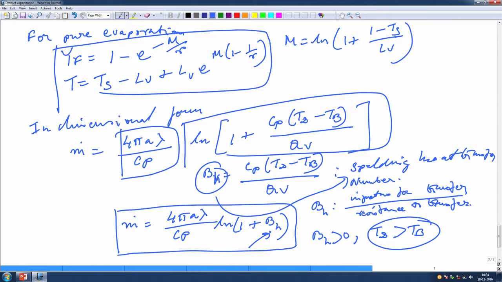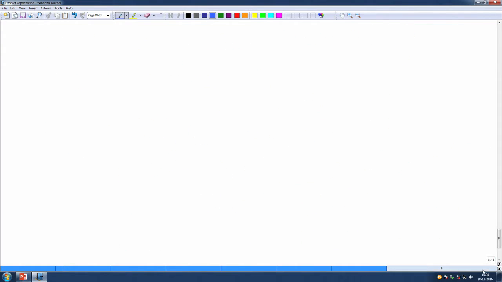Now, how to calculate how the droplet will actually reduce in size? That is the most pertinent question that we have. Now, m dot is also given by 4/3 pi a cube rho L, which is based on the droplet size.